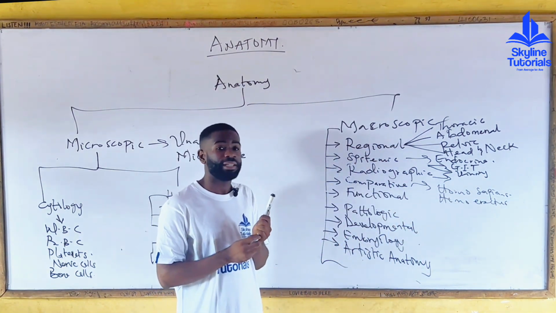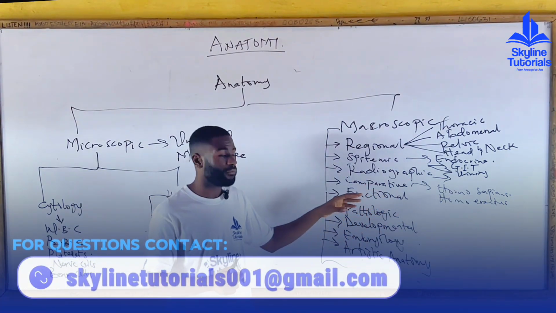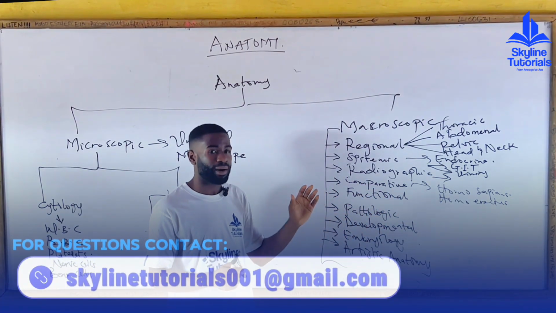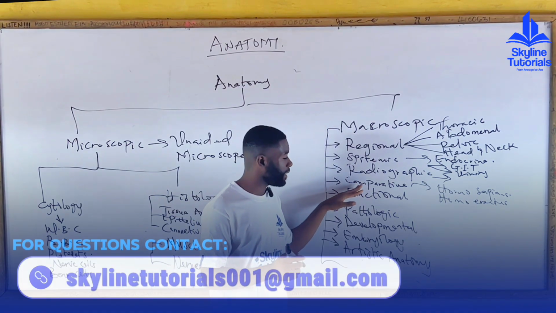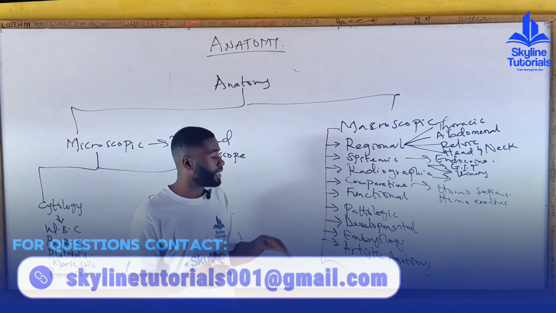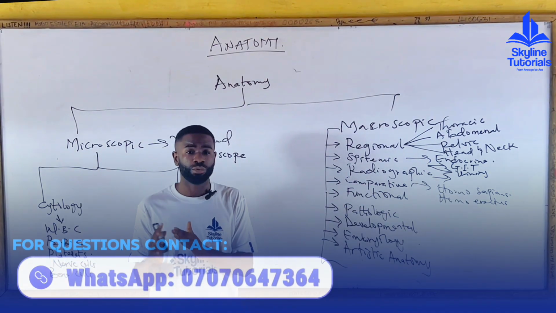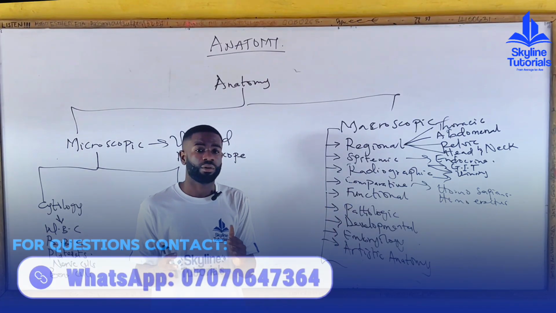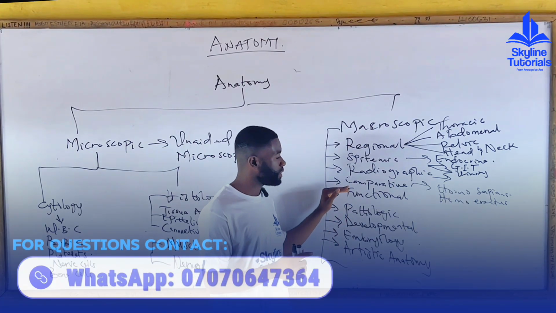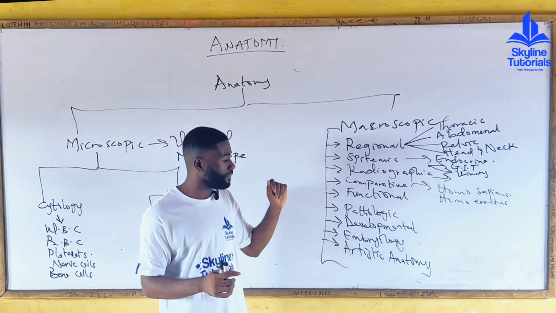It compares different species of organisms. Comparative anatomy is the bedrock that gives rise to the relationship in evolution. Evolution talks about the different trends of organisms. So what is the bedrock for evolution is comparative anatomy.